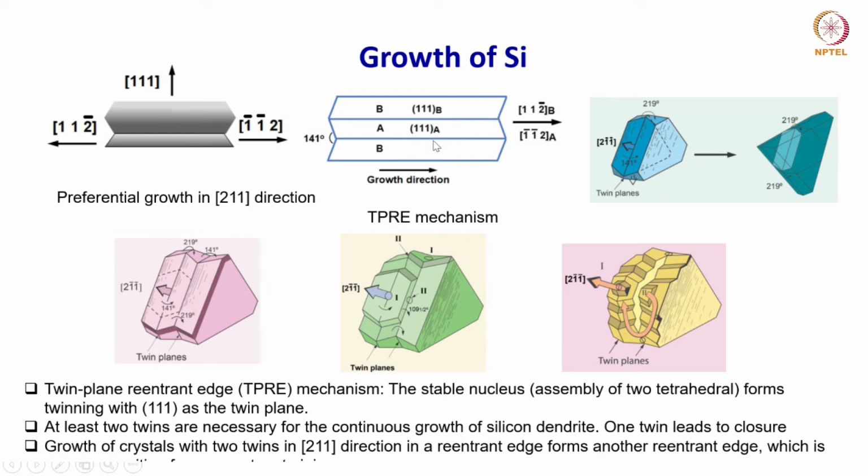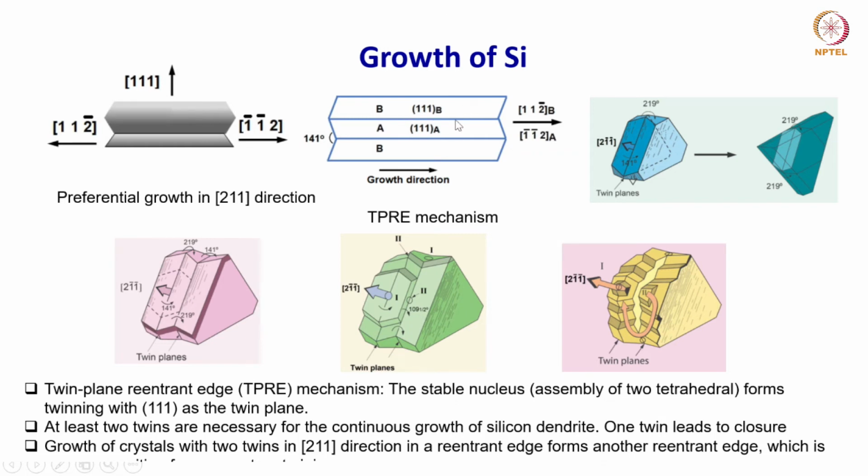So the preferential direction for the silicon to grow is the 1-1-2 or 2-1-1 directions. And for this to happen, you need at least two twins, like what you have in this figure. You have a twin over here between A and B, and then one more coming here along the 1-1-1 planes.